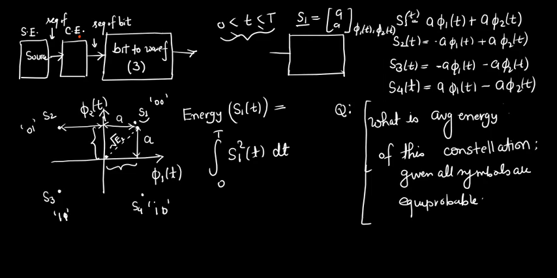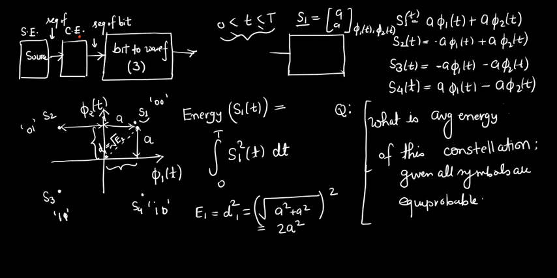So energy is, what would be the energy? If this value is square root of its energy, right? So energy will be d square, and d1 is under root a square plus a square. Right?